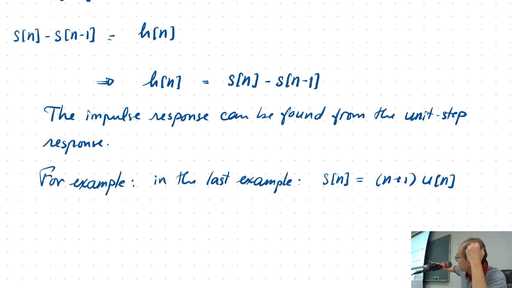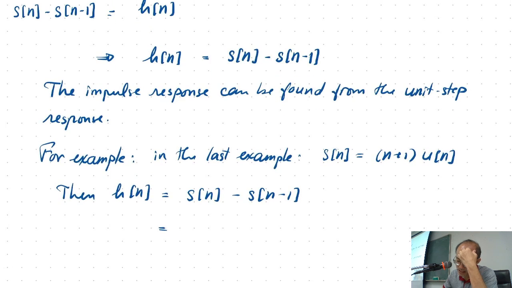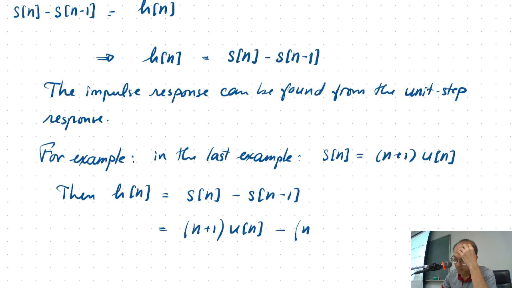Now I'm going to try to find the impulse response knowing the step response here. Then h of n equals s of n minus s of n minus 1. Now I can plug in s of n as n plus 1 times u of n, and s of n minus 1 as n minus 1 plus 1 times u of n minus 1.